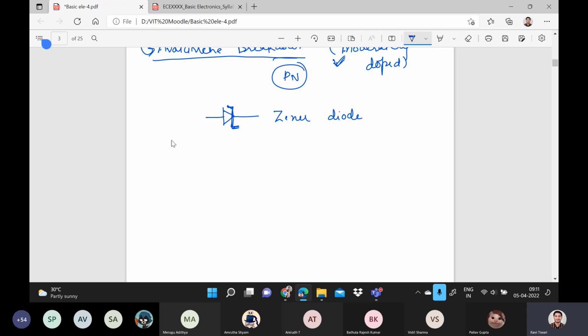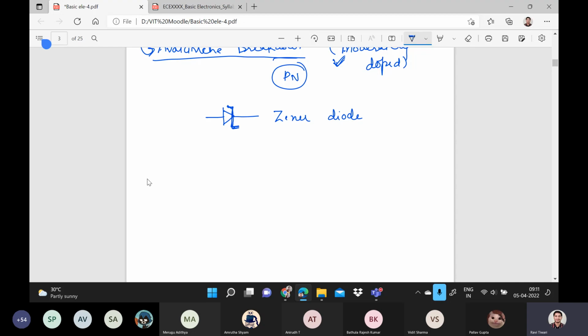I'm talking about the practical Zener diode. Here we can consider ideal or practical. So let's start with the normal practical diode.